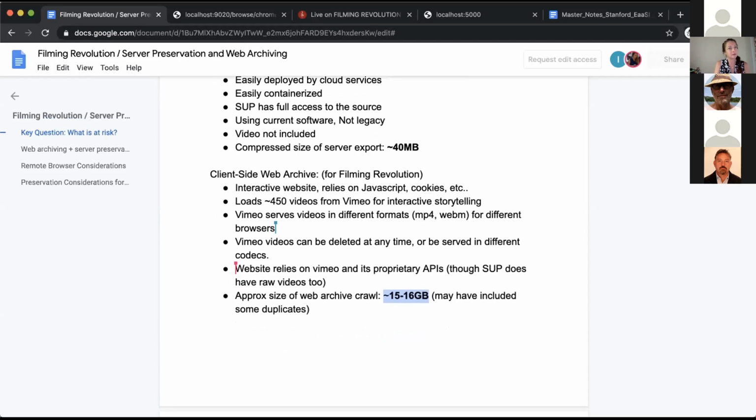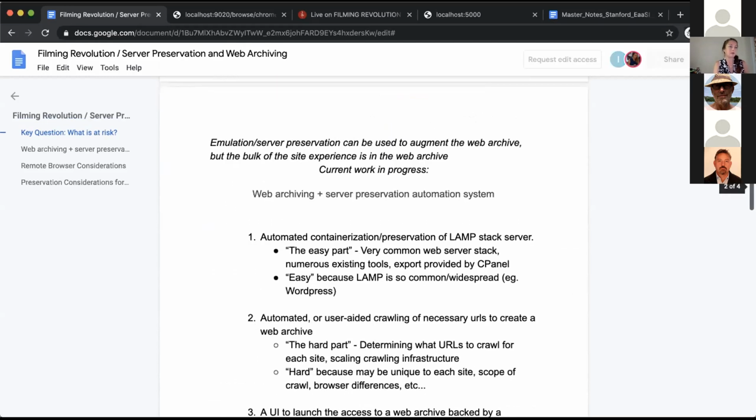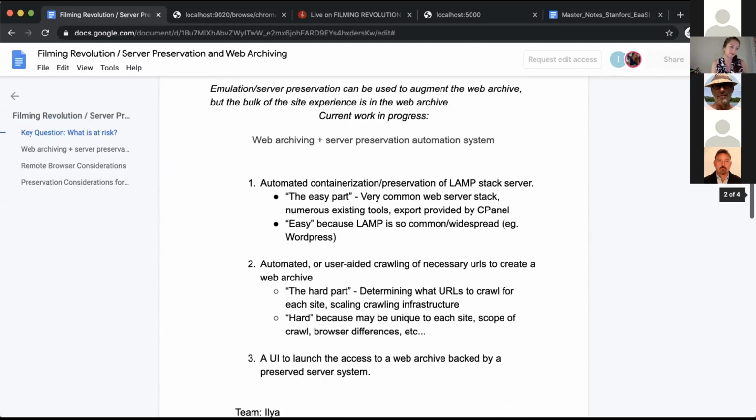And just a little bit of what I'm working on. The first part of it is the automatic containerization and preservation of the LAMP stack, the part that Jasmine was working on. I actually see that as the easier part in some ways because the LAMP stack is standardized.